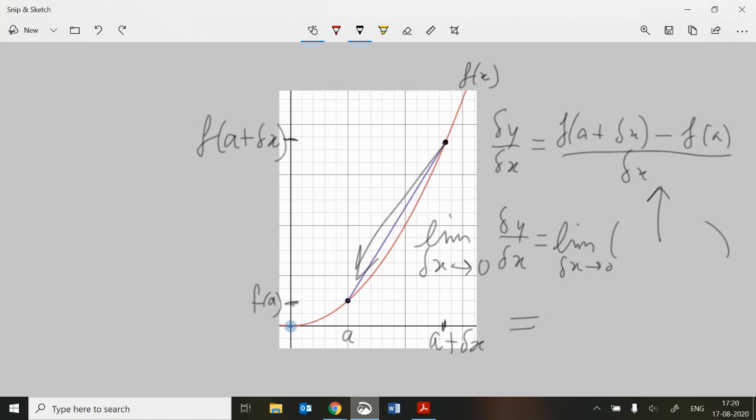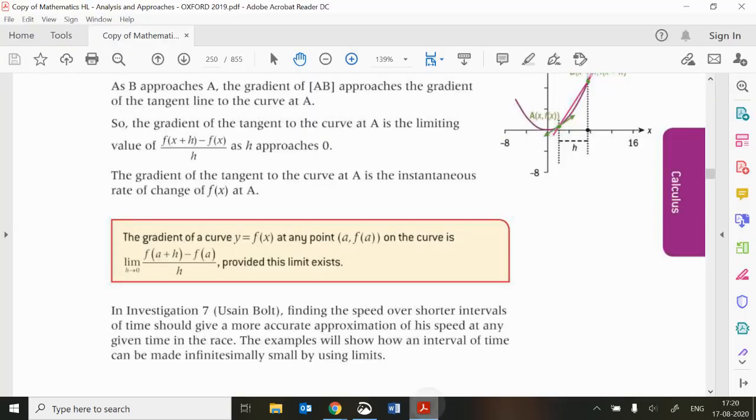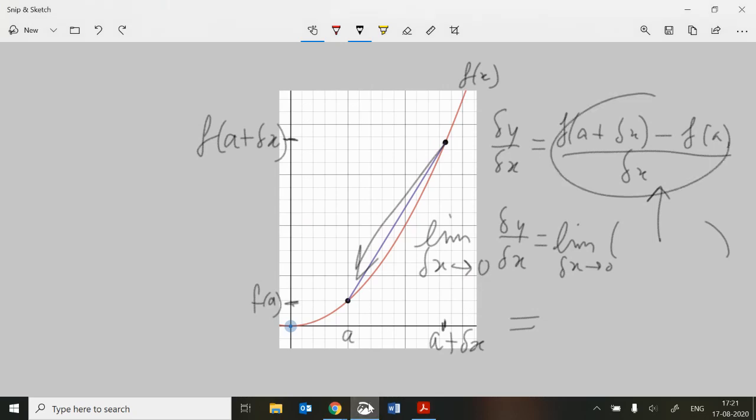Okay, right. So maybe I misspoke a little bit earlier, because when we put in a, they're quite right to say, let's just look at that again. They're saying that this is the gradient at any point, so a comma f of a. And I was saying, well, this is going to give us a function of x. Well, in fact, it will give us a function of a, the point that you're putting in.